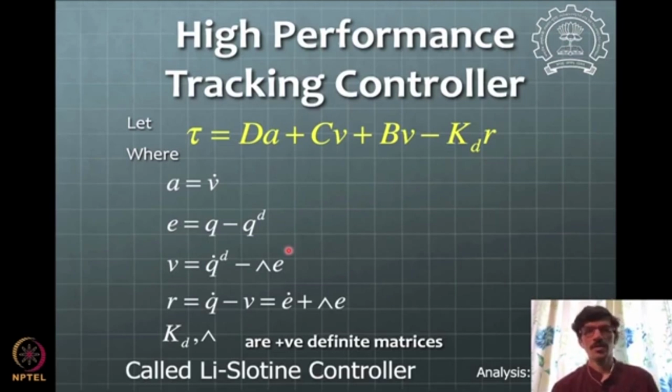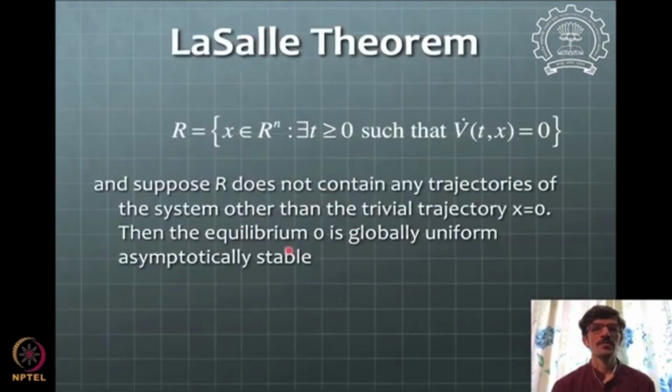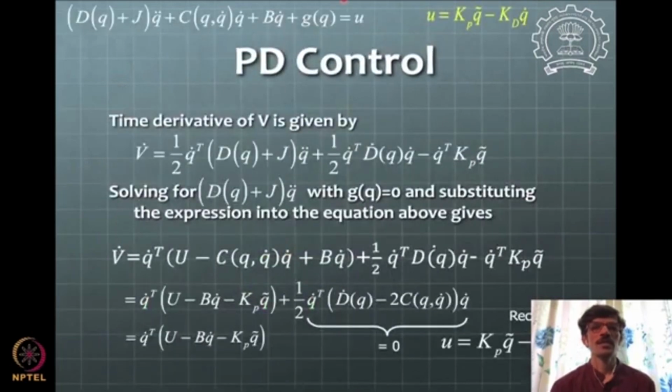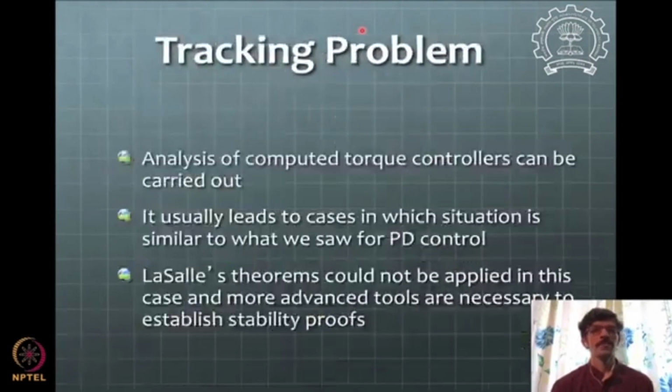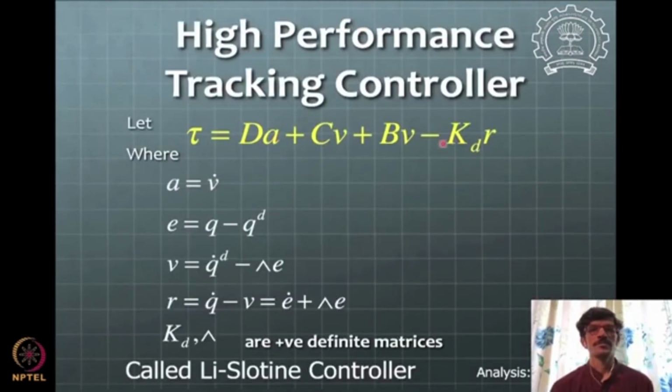But you can ponder over this controller and see whether you are able to carry out the analysis of this using Lyapunov theory. This control is applied in an equation of this kind, where u is given by the tau expression that you see in the control here. Gravity is not there here.